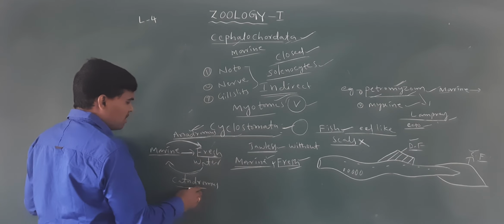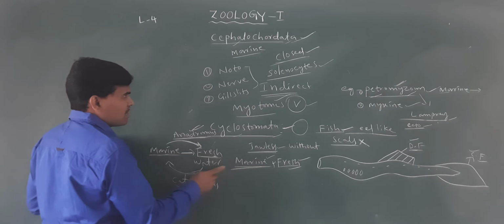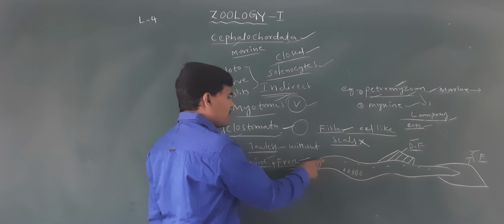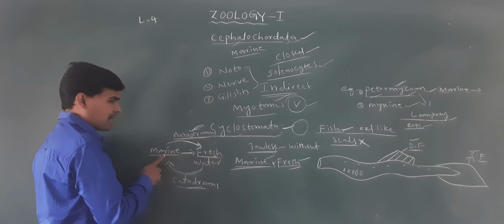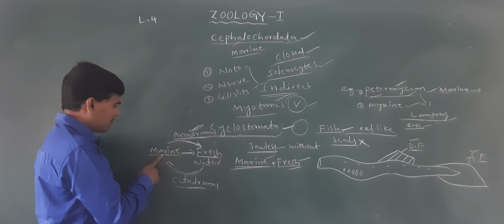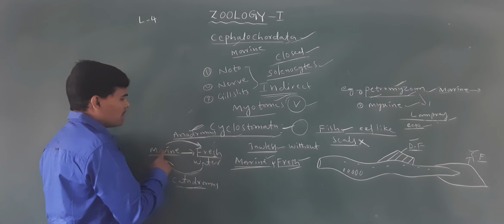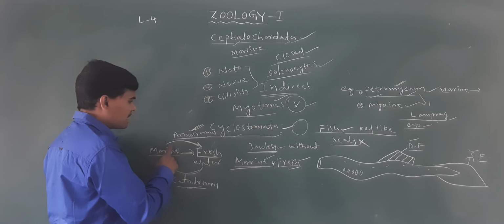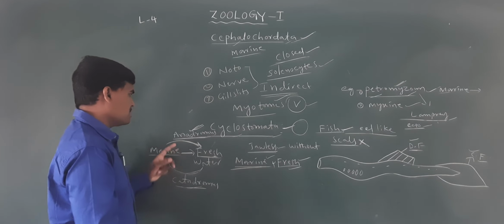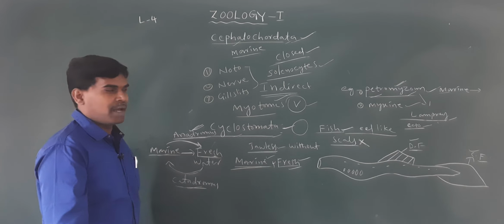Anadromous migration and catadromous migration. The Petromyzon shows anadromous migration, because it stays a long time in marine waters and moves to fresh water for spawning or reproduction.